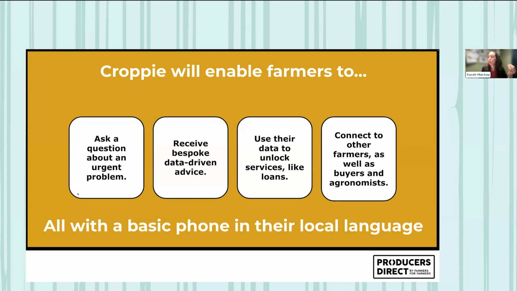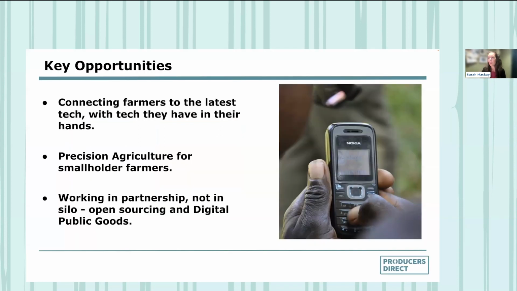So a farmer can ask a question about an urgent problem, they can receive bespoke data-driven advice, their data itself unlocks access to other services, and also enables them to connect with other key people within the value chain.